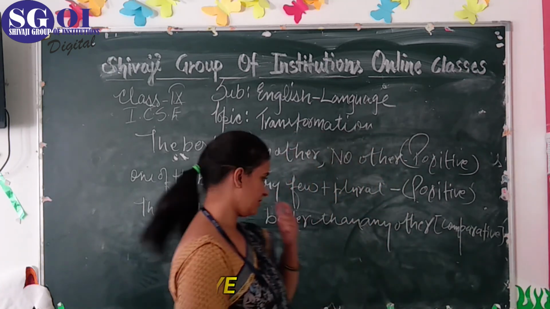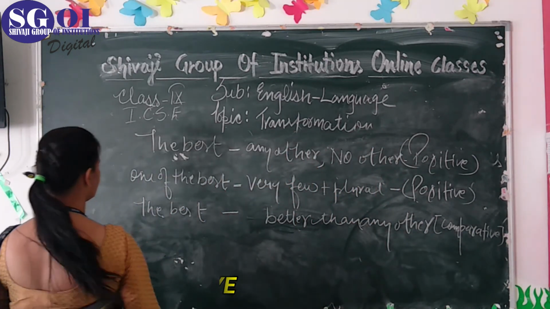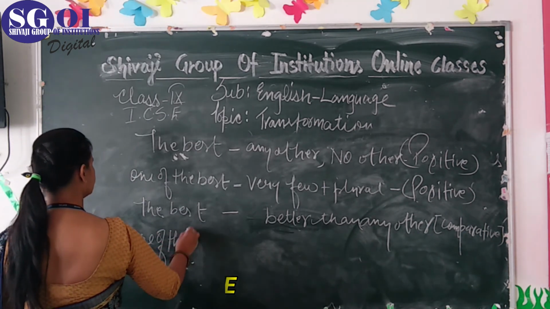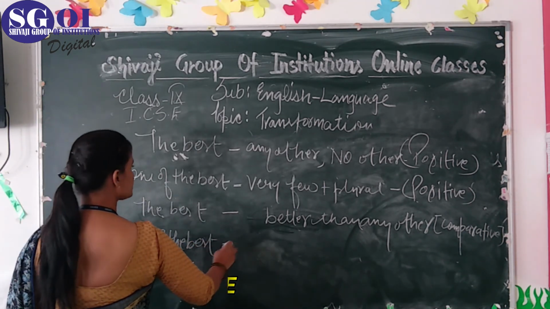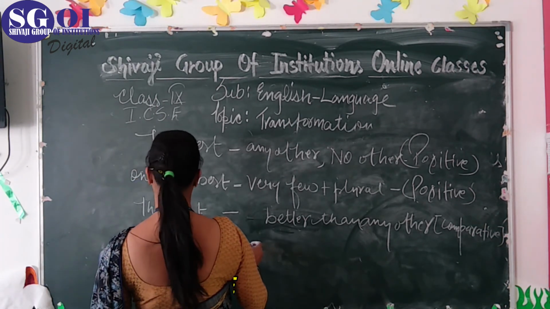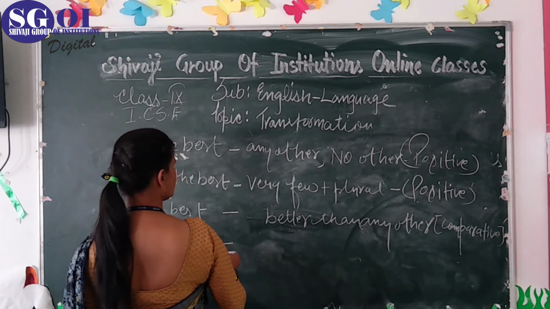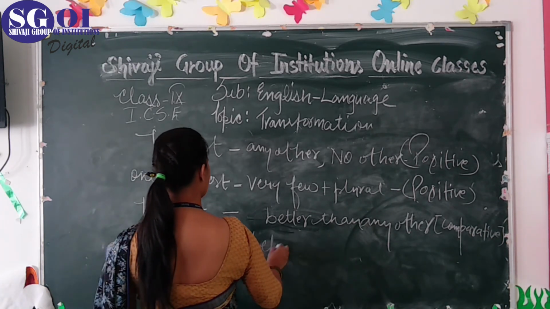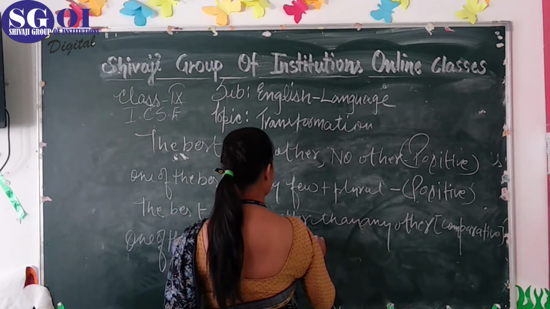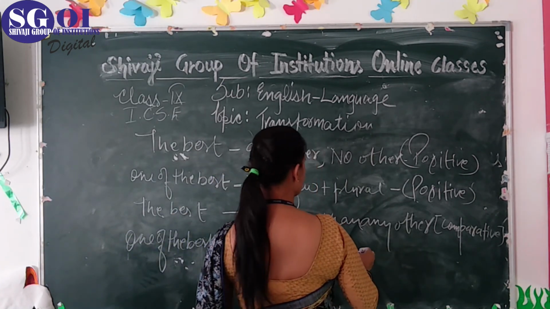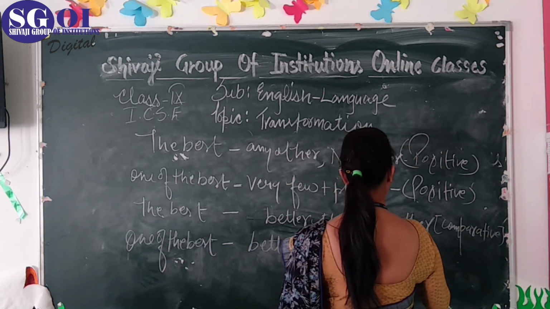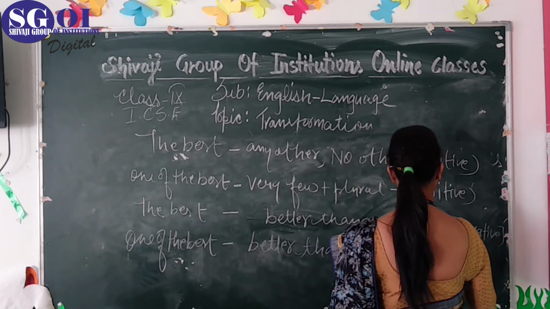And if one of the best is given, you have to convert it into better than most other, in the comparative degree.